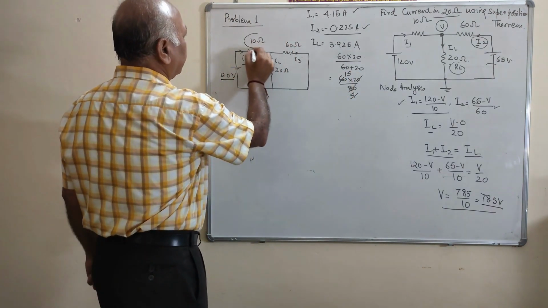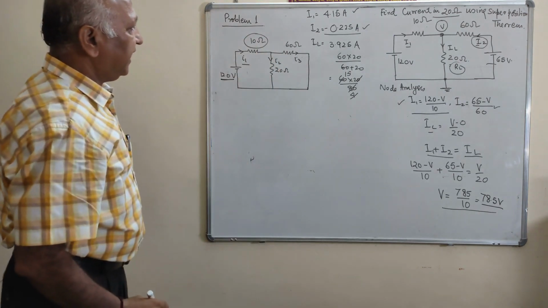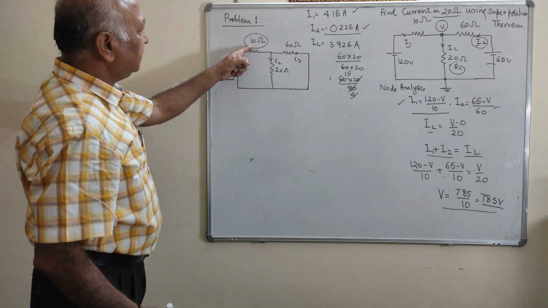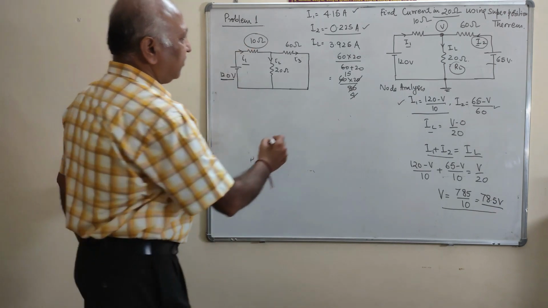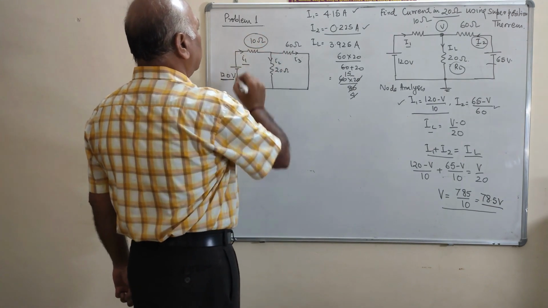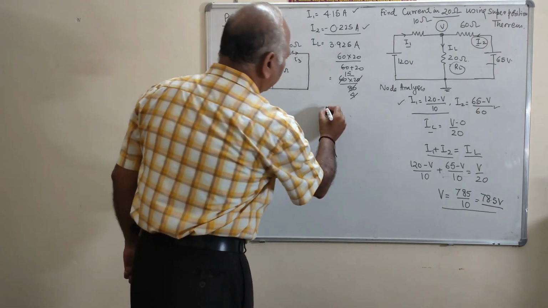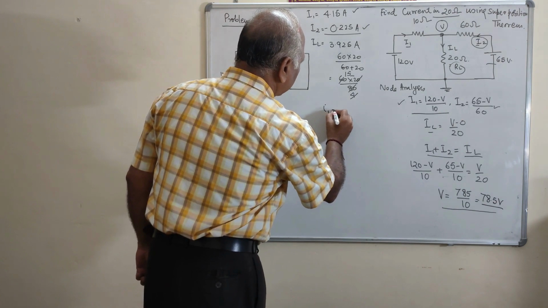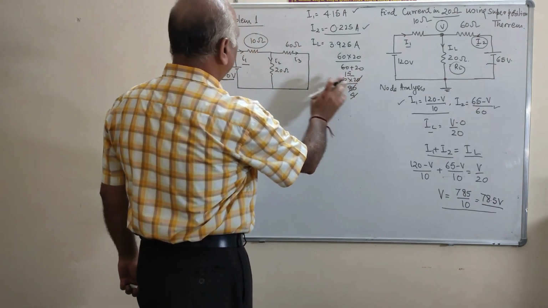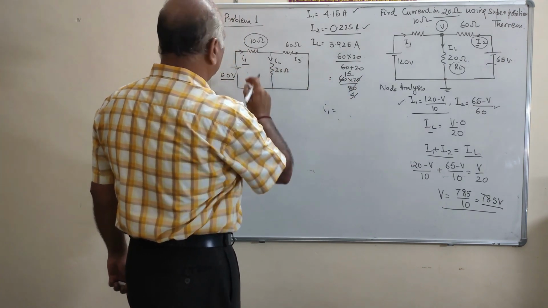The 15 and 10 are in series. Clear? Then what will happen? 15 plus 10 is equal to 25. Clear? Then what is I1? Any doubt? Clear? So 15 plus 10 is 25.